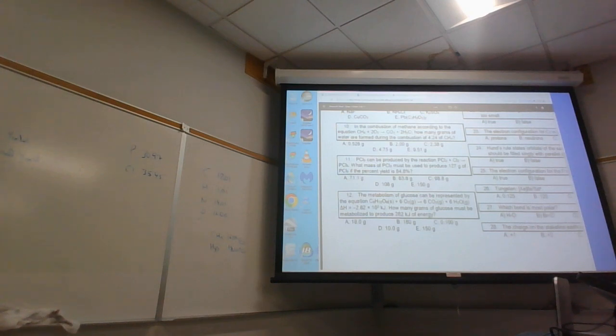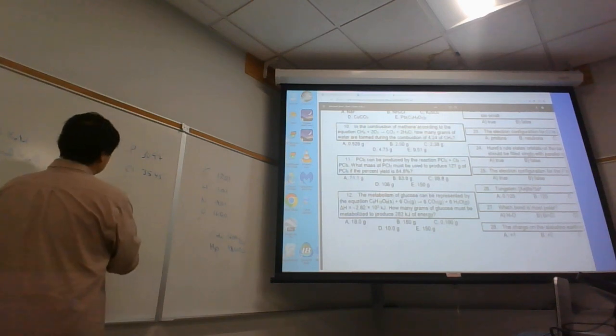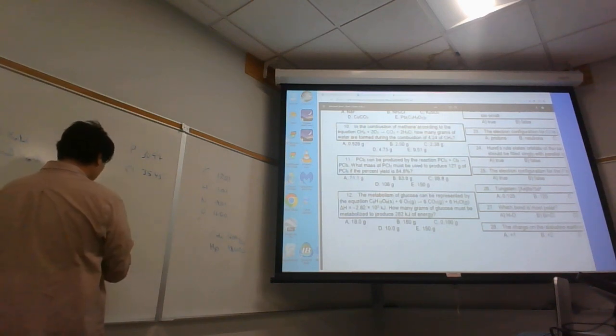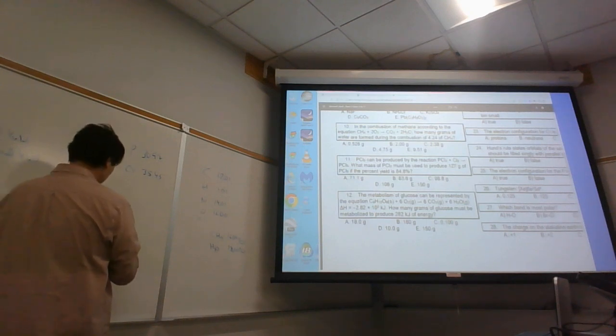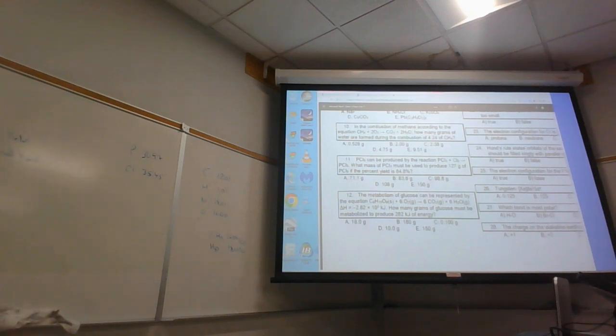So we want how much PCl3 needs to be used. PCl5 is what we have here, so it's going to be 5 times 35.45 plus 30.97, which gives us a molar mass of 208.22 grams of PCl5 per mole PCl5. And then we look at the mole ratio here.